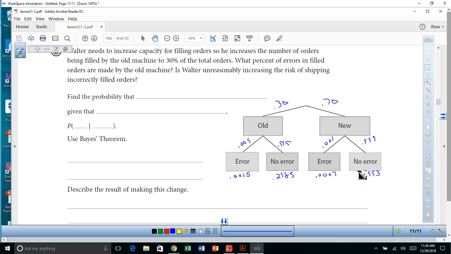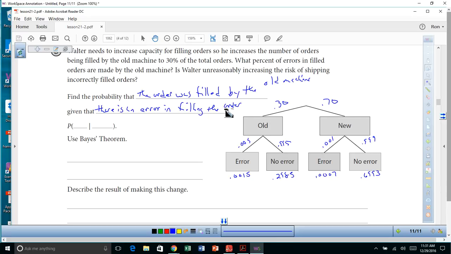All right. Find the probability that the order was filled by the old machine, given that there is an error in filling the order.